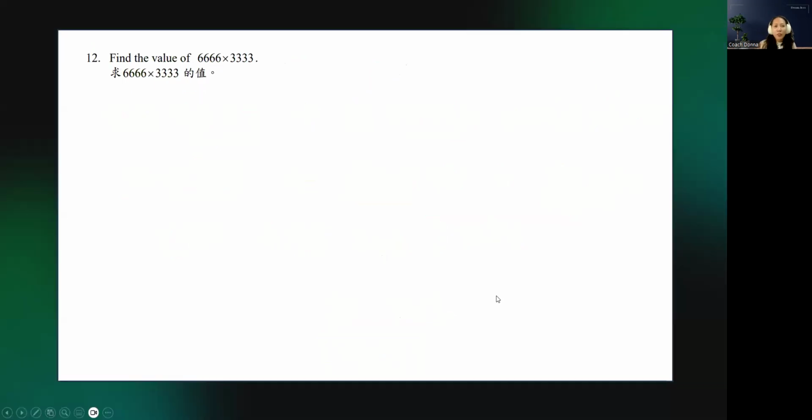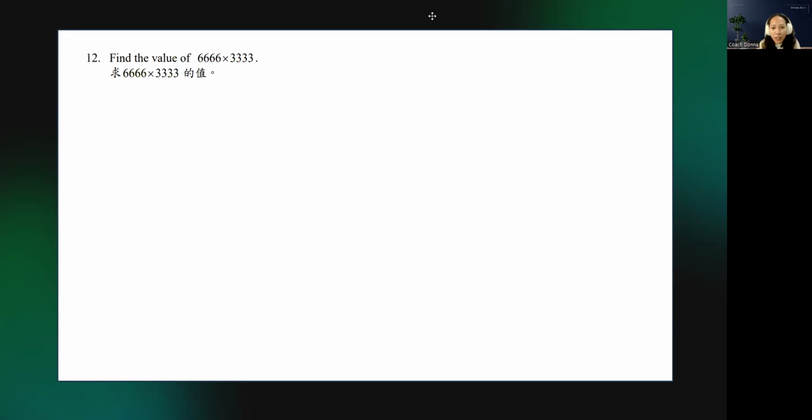Okay. For number 12, let's have this one. So you have 6,666 times 3,333. So again, we have numbers that are multiples of 1,111. Okay, so always try to factor out numbers like this.